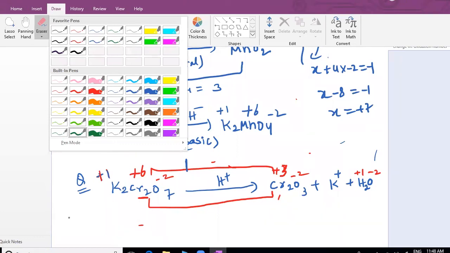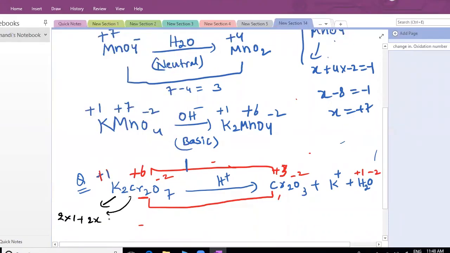This is 2 into 1 plus 2x because of chromium plus 7 into minus 2 equal to 0. Then 2x equal to 12. Is it correct? 2x equal to 12, or x equal to how much will we get, sir? 6. Any one you can take, up to you.